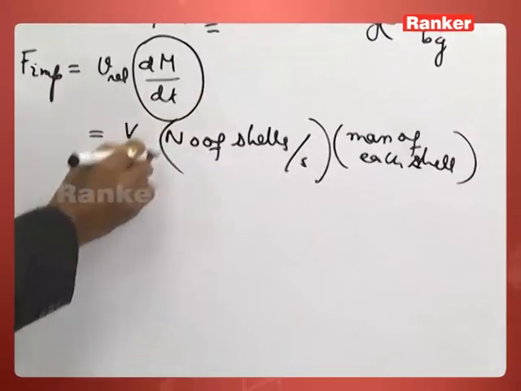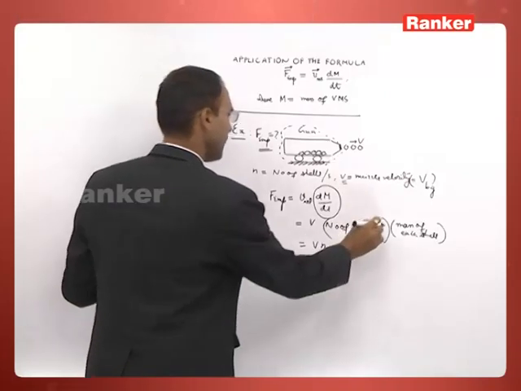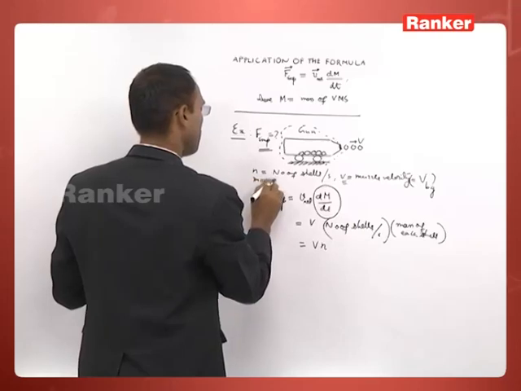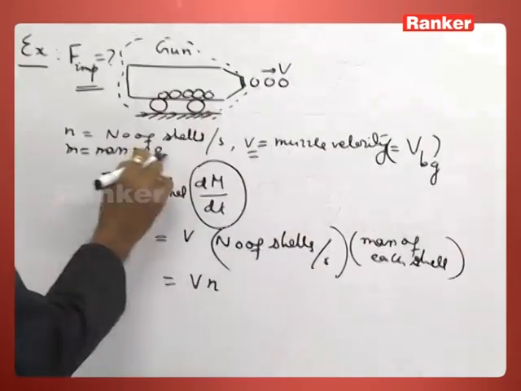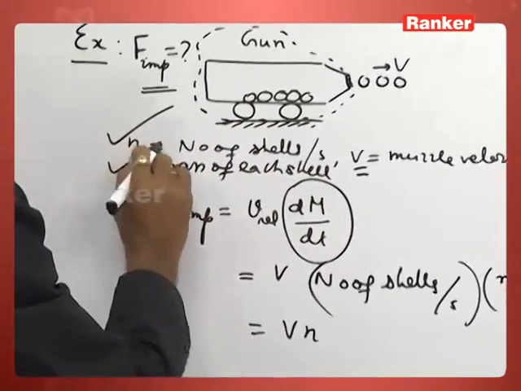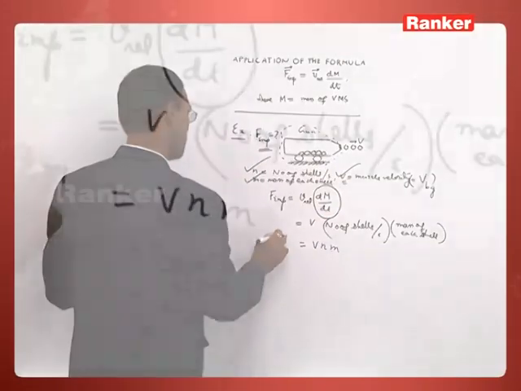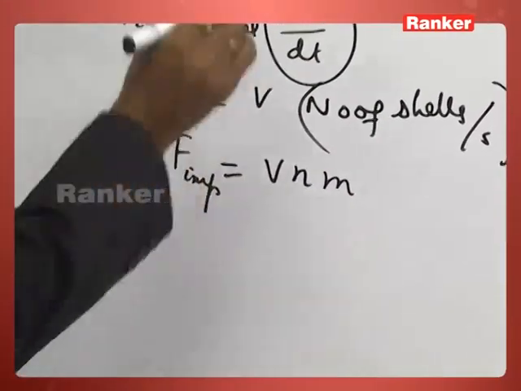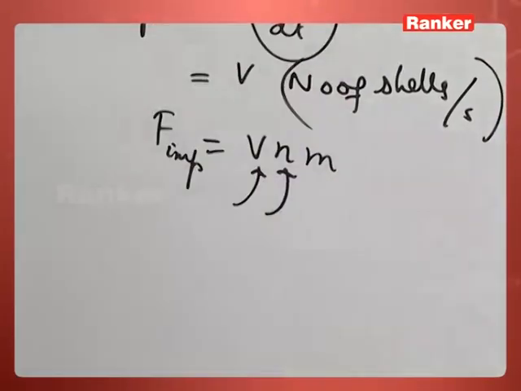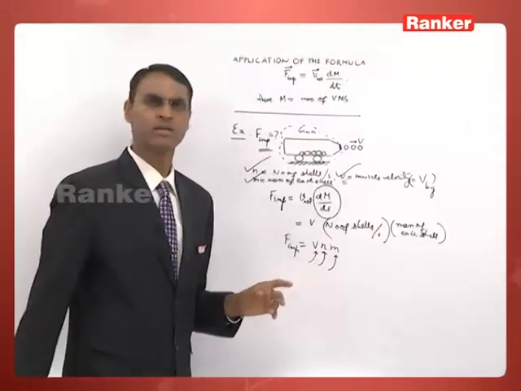So that is V, the number of shells per second, N, and mass of each shell, let it be M. This is given, this is given, this is given. So the impulsive force or the impact force acting on the gun depends upon the muzzle velocity, it depends upon the number of shells fired per second, it depends upon the mass of the shell.